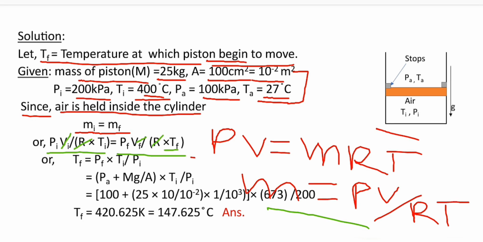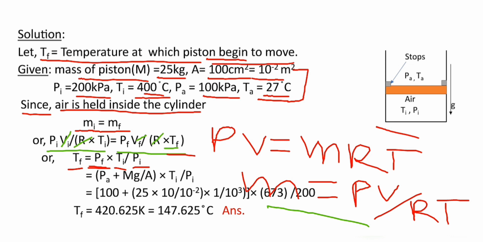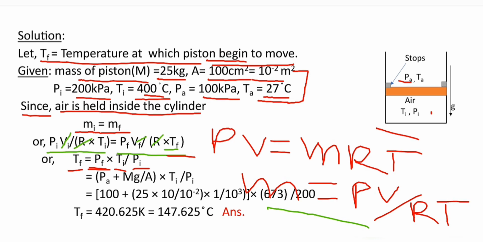So from this equation, Tf is equal to Pf into Ti divided by Pi, and here Pf is the pressure at which the piston will begin to move. Pf, or the pressure at that time, will be equal to the sum of atmospheric pressure and the pressure exerted by the piston due to its weight, that is mg divided by the area of the piston.